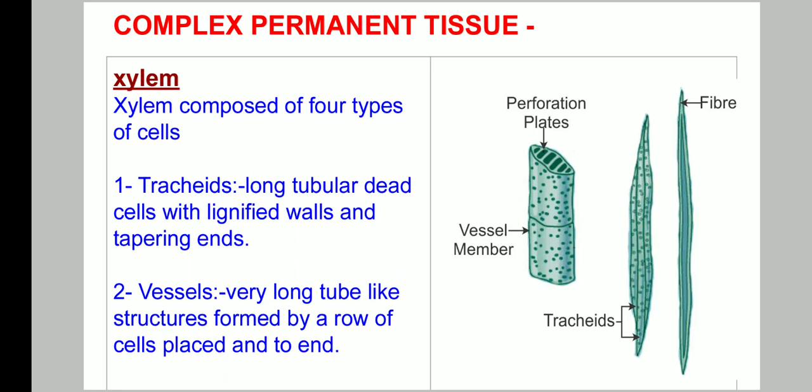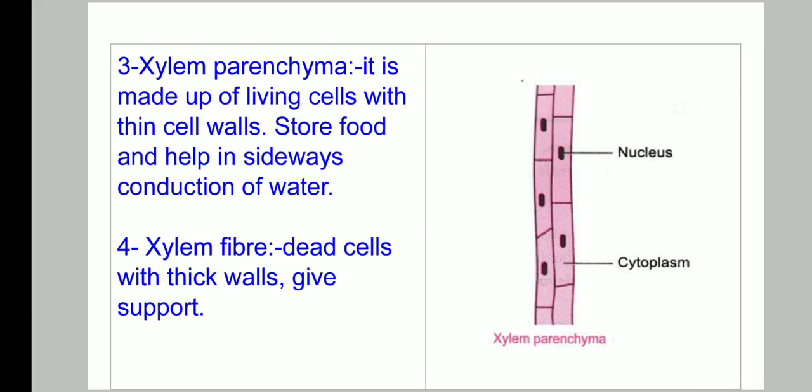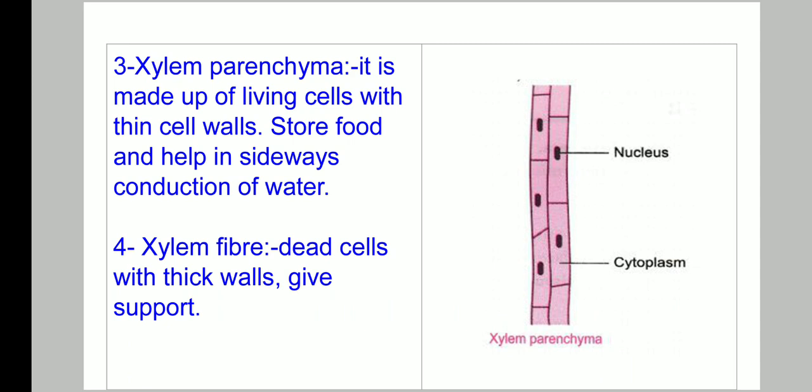Next is xylem parenchyma. You know the structure of parenchymatous cells, and these parenchymatous cells are also components of xylem. It is made up of living cells with thin cell walls, and they help in storing food and in sideways conduction of water, so that water can move sideways also through these cells.